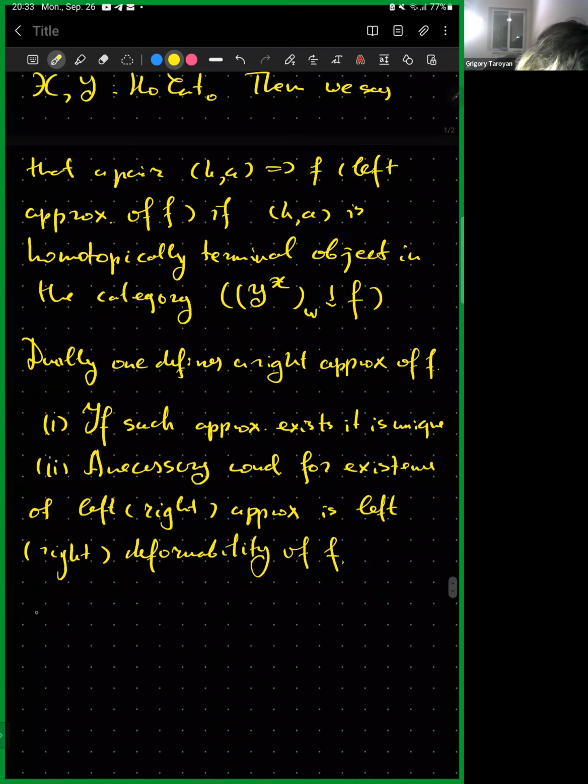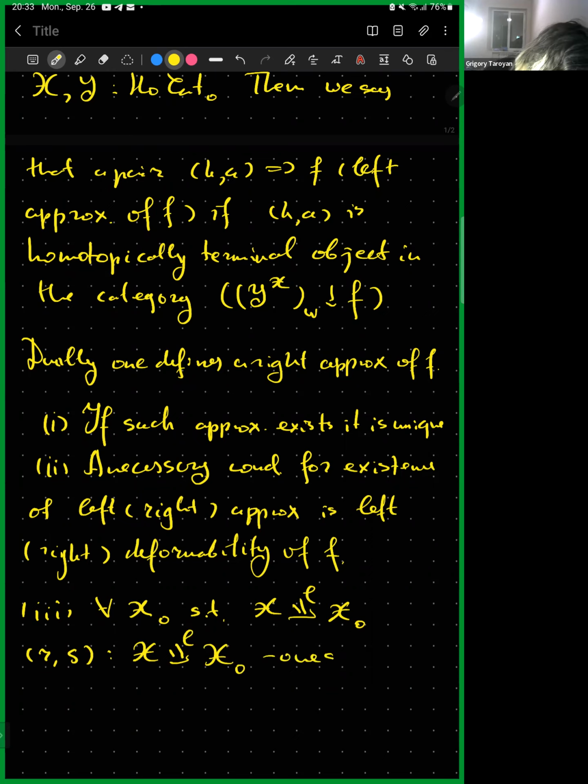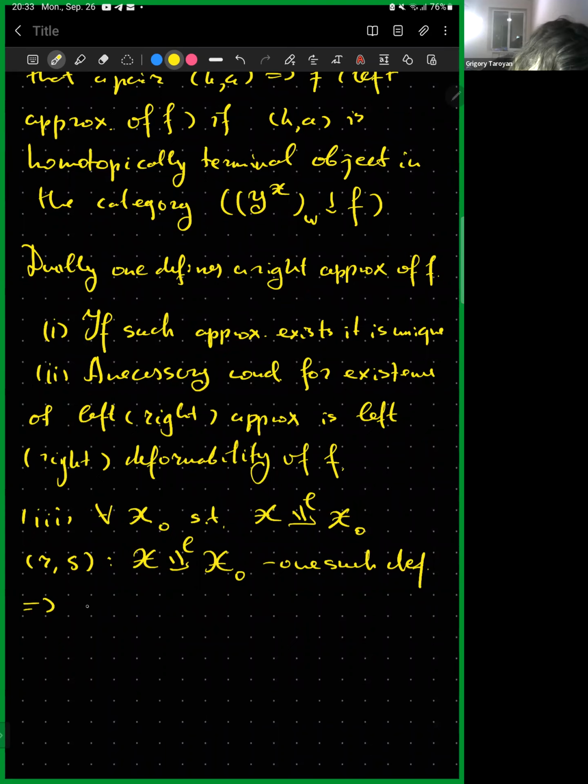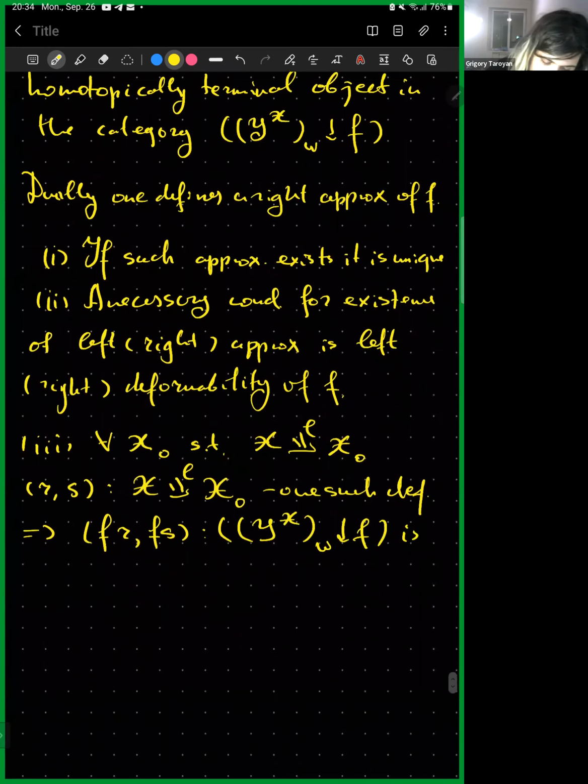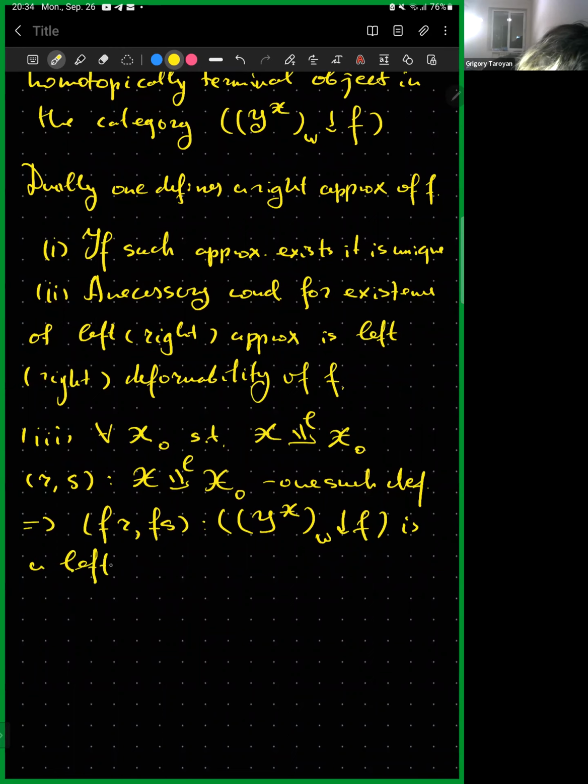And this manifests in the following statement. For any X0 such that there is a left deformation of X into X0, and (R, S) is one such deformation, it means that the pair (FR, FS), which belongs to the over category of the functor F, is a left approximation.